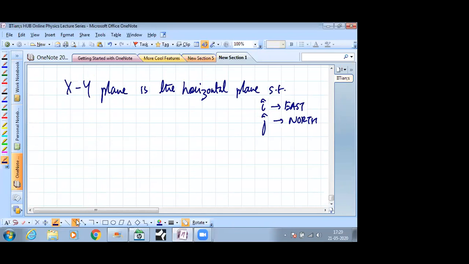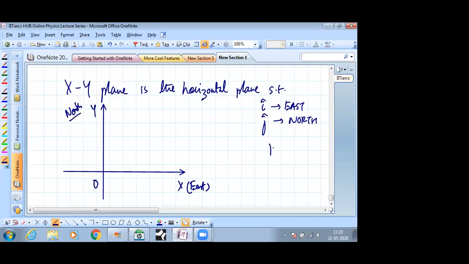So if I do that kind of system of axes, it will also mean that my z axis is the one which is pointing vertically. So this is eastwards, this is northwards, and k cap would be vertical. So now looking at the geographical directions which were given, your S1 was a displacement of 50 meters, like this.